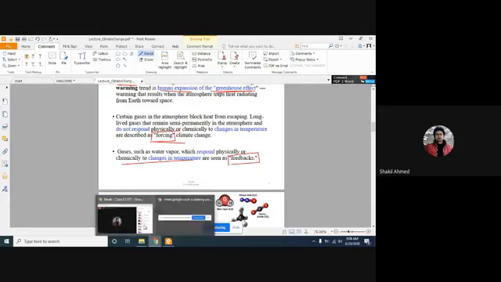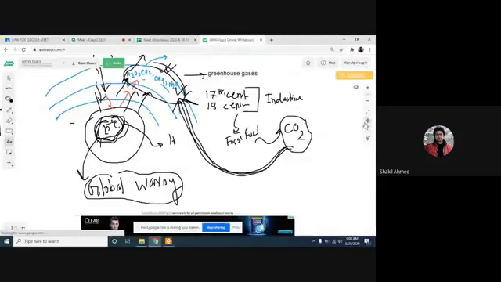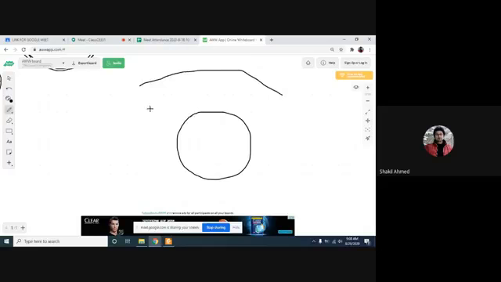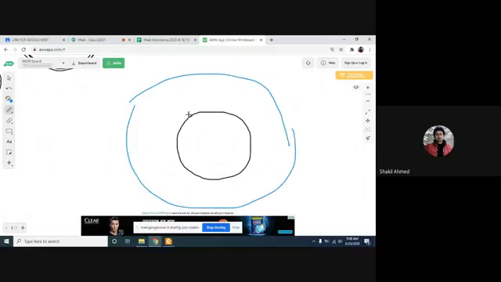Let's take an example here. This is Earth. This is the atmosphere we have here. This is the gas layer. And this is the Earth.